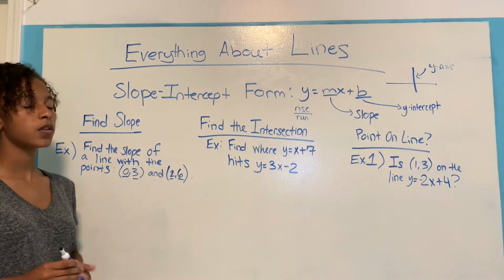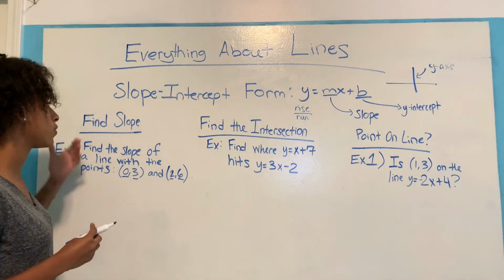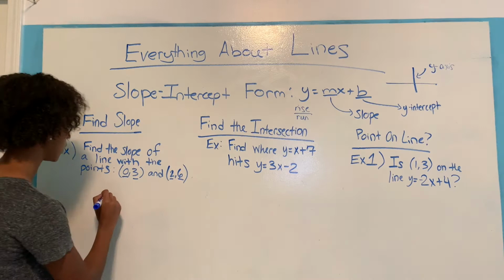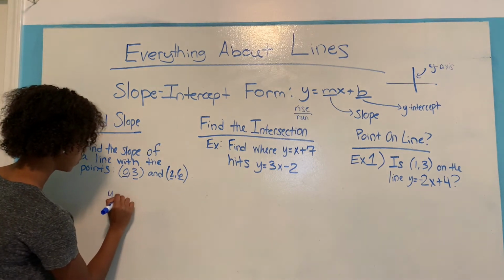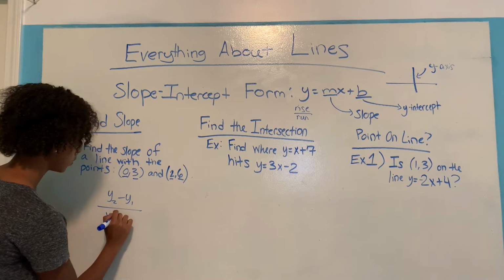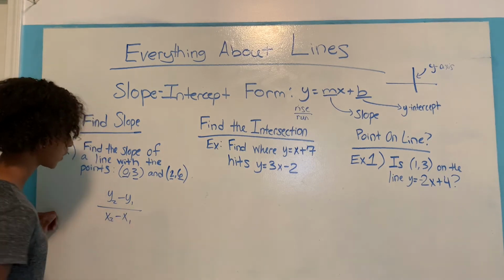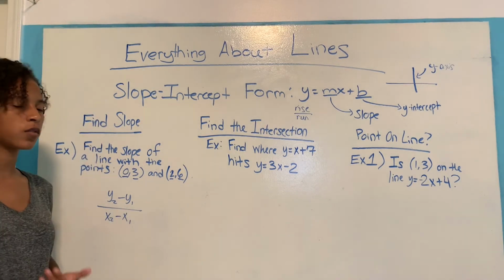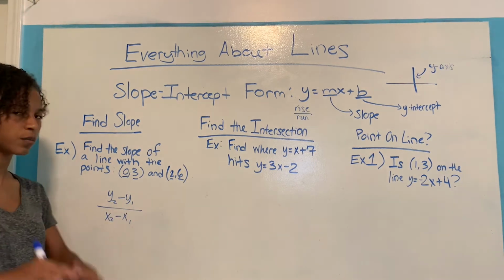So it's saying find the slope of a line with the points (0, 3) and (2, 6). There's a very unique formula that you need to use to find the slope, and it looks like this: y2 minus y1 over x2 minus x1. You may be confused by the numbers beside them, but don't worry.